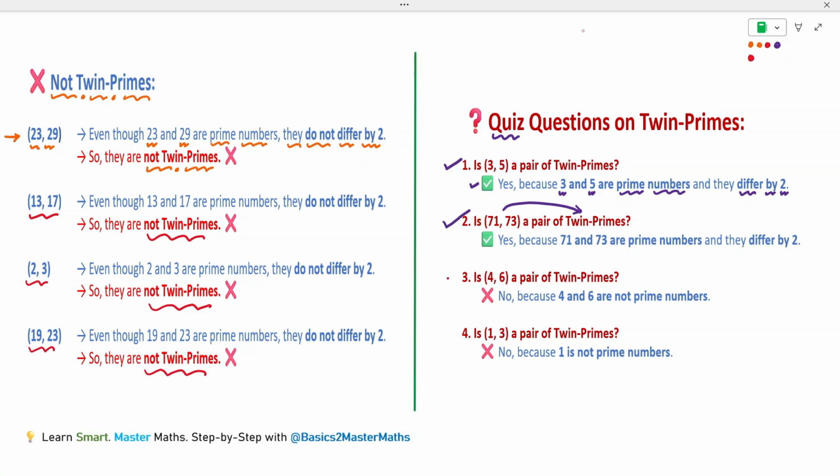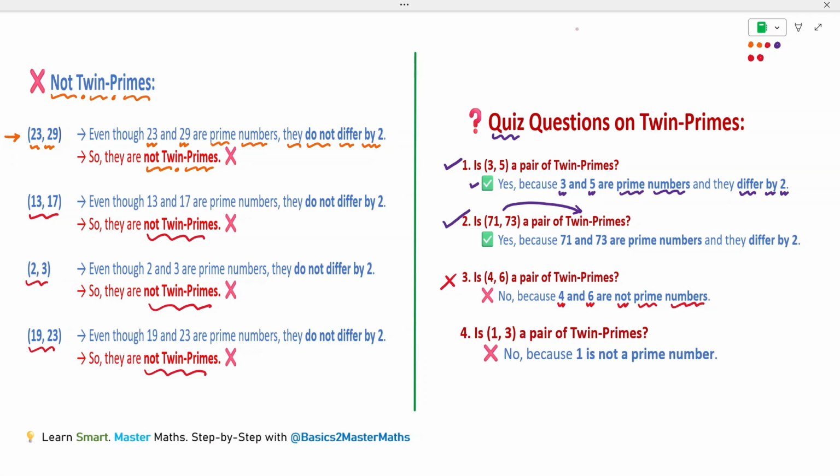Next question: is 4, 6 a pair of twin primes? No, because 4 and 6 are not prime numbers.